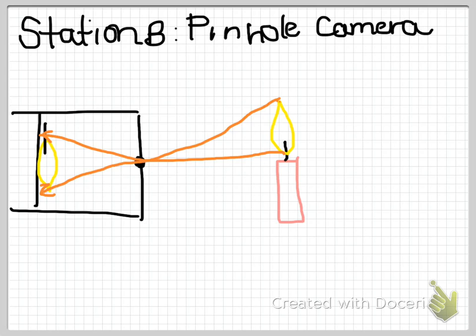If you were able to see it clearly enough, you would have noticed that the image of the candle, or the light, was upside down. So this diagram shows why it's upside down. The light travels in straight lines, and it has to go through that hole in order to capture the light on the screen. So that's the ray diagram for that one.